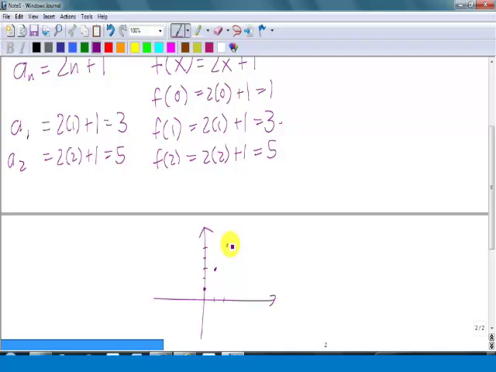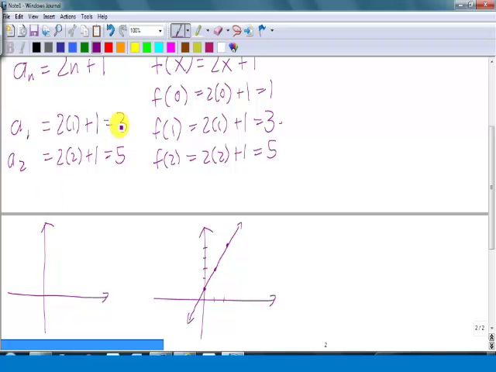Since it's a linear function, we connect the dots with a straight line. And it looks like that. It goes all the way up there and all the way down there, unless there's some sort of artificial restriction on its domain. For the sequence, we can do a similar sort of thing.